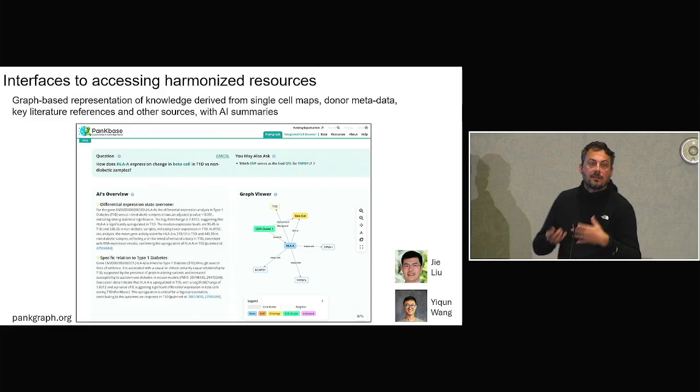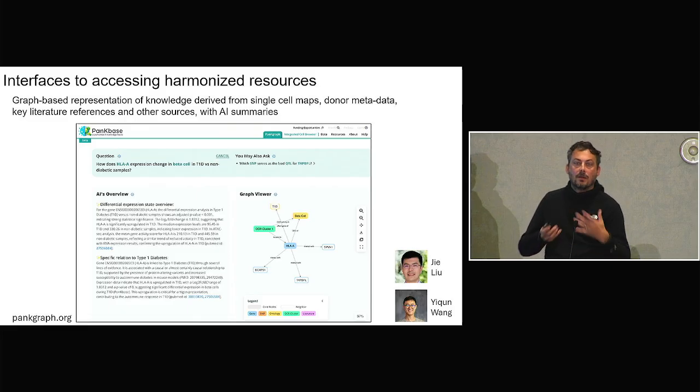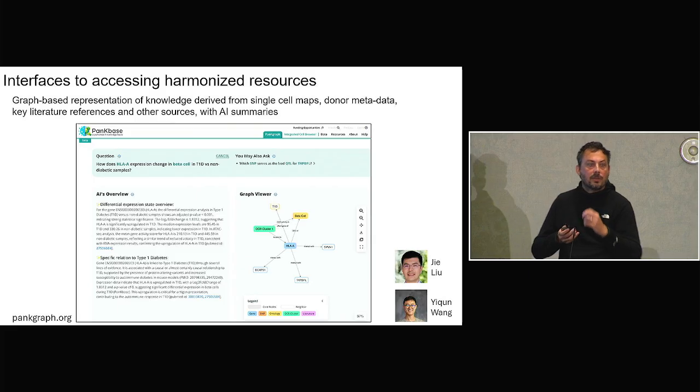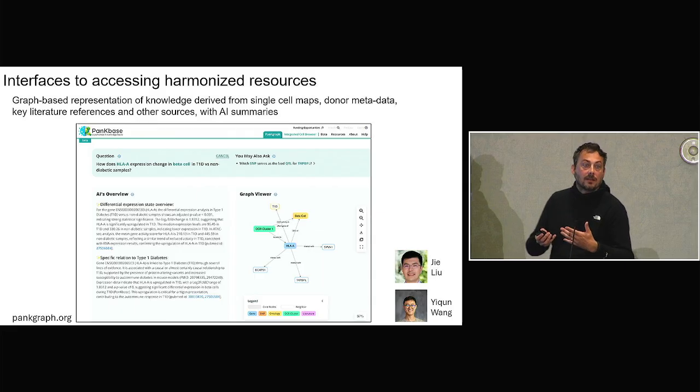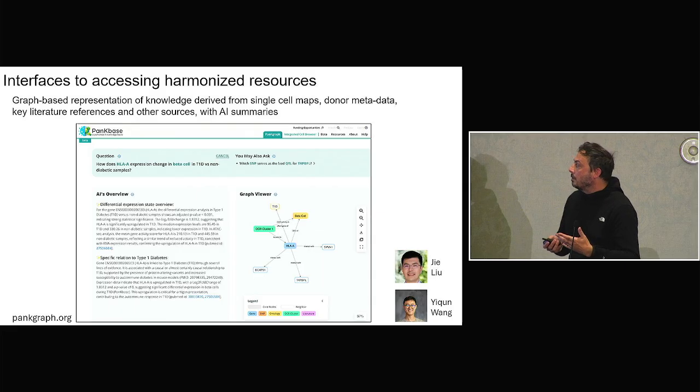Another interface to these resources that we're collecting, as I mentioned earlier, is a knowledge graph, which encodes relationships between different entities. And in this case, I've searched for gene HLA-A, which is the class 1 MHC, which is upregulated in type 1 diabetes.